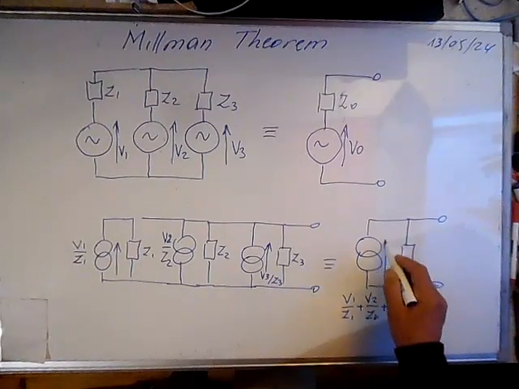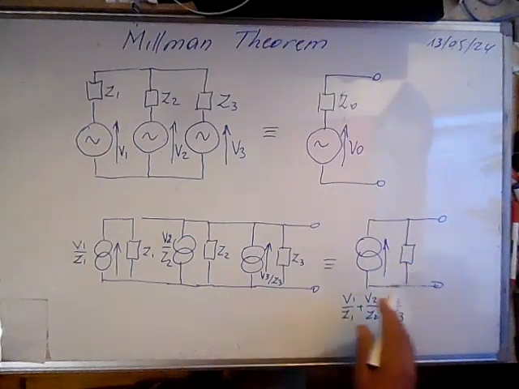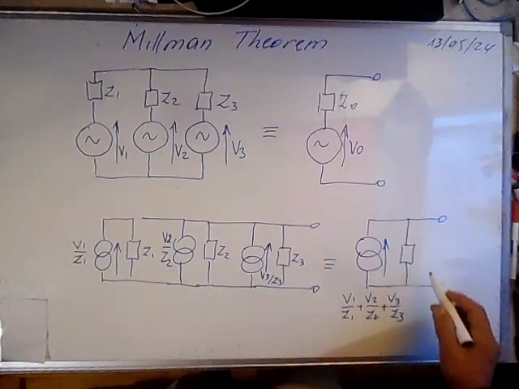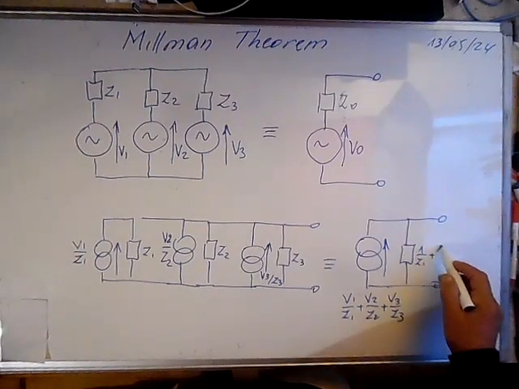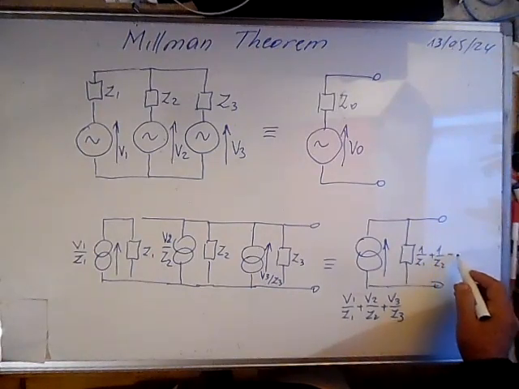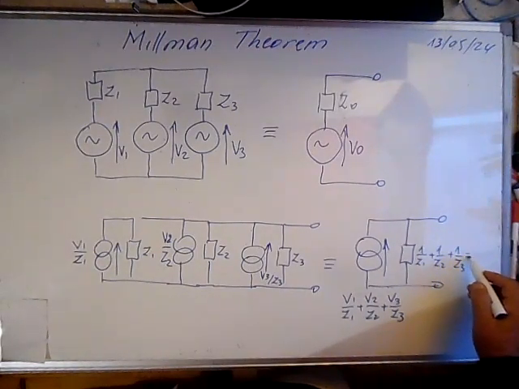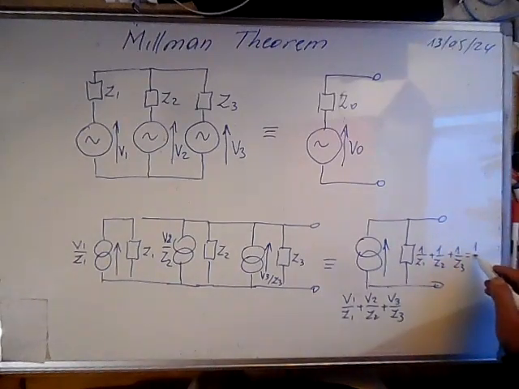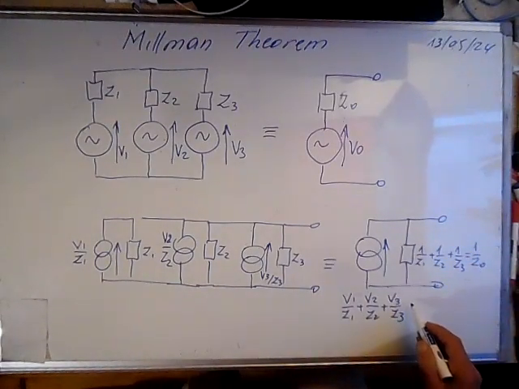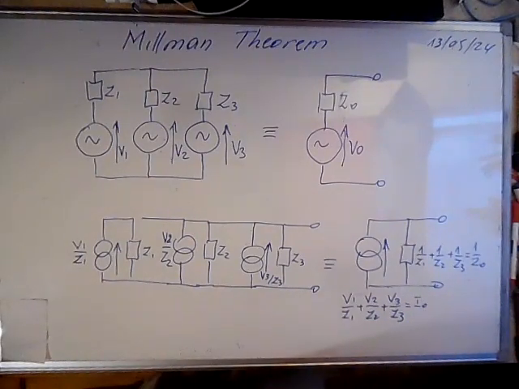This is the current that we have replaced, and here we have 1 over Z1 plus 1 over Z2 plus 1 over Z3, which is equal to 1 over Z0, and this we can call I0.